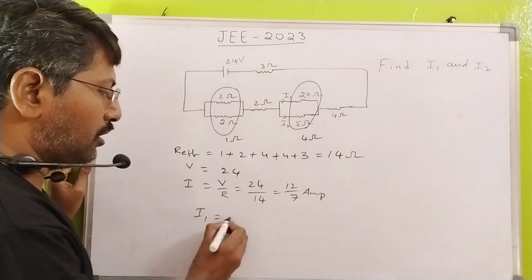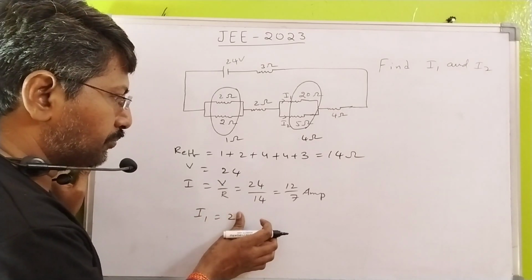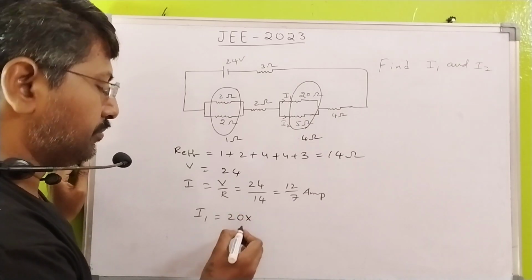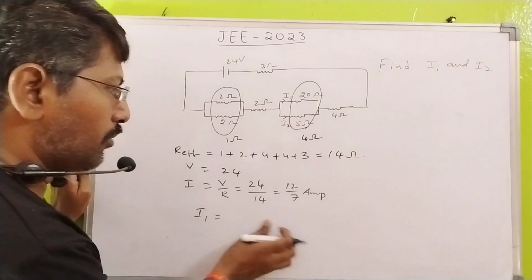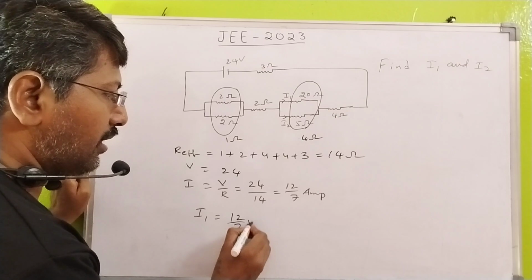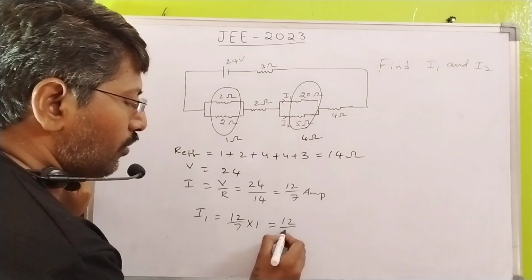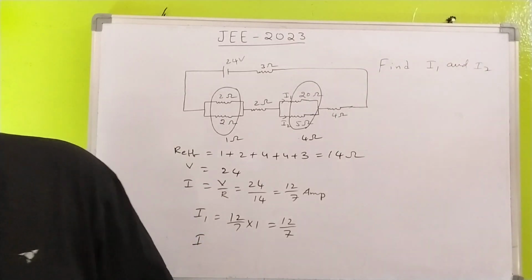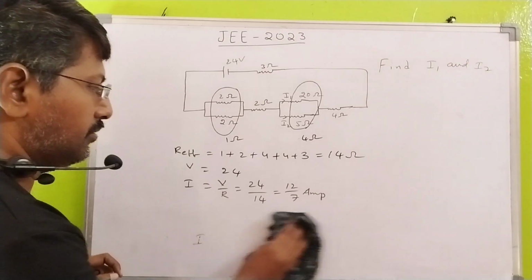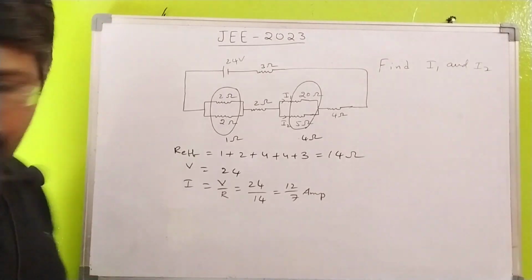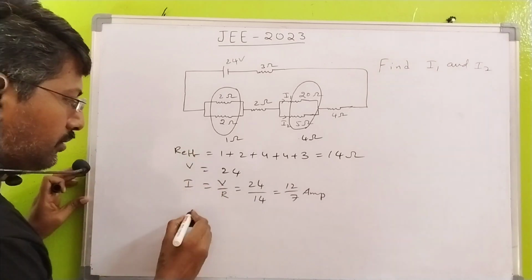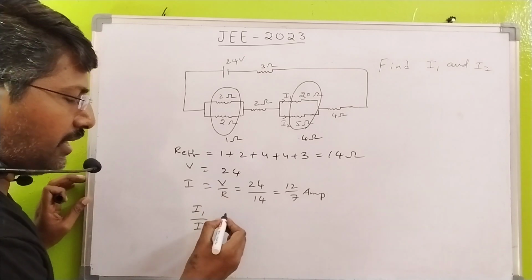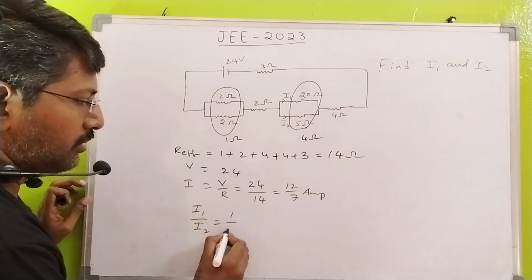So I1 is equal to 12 by 7 into 1. Next here, sorry, I1 by I2 is equal to, here current is inversely proportional, so here 1, this is 4.